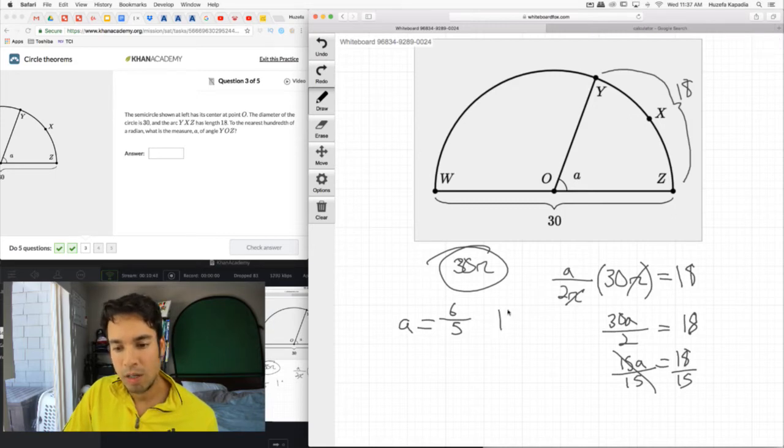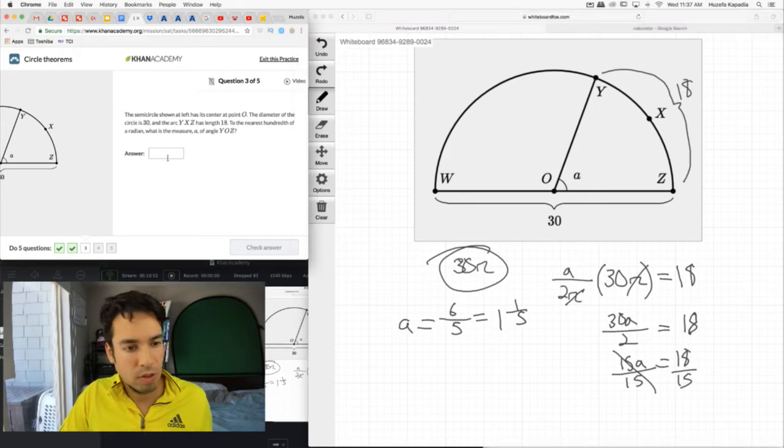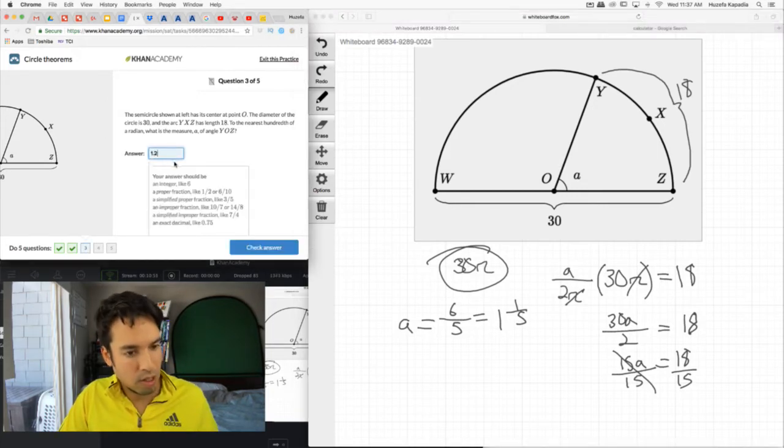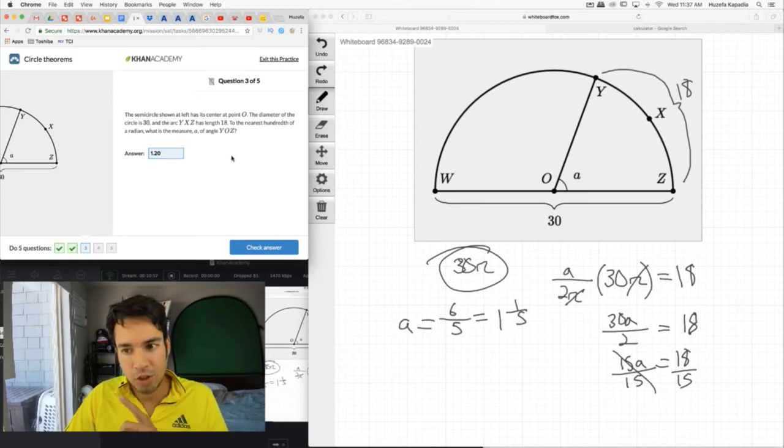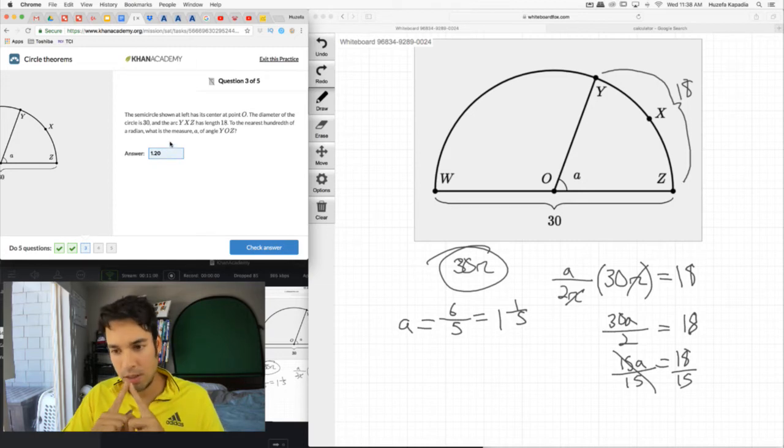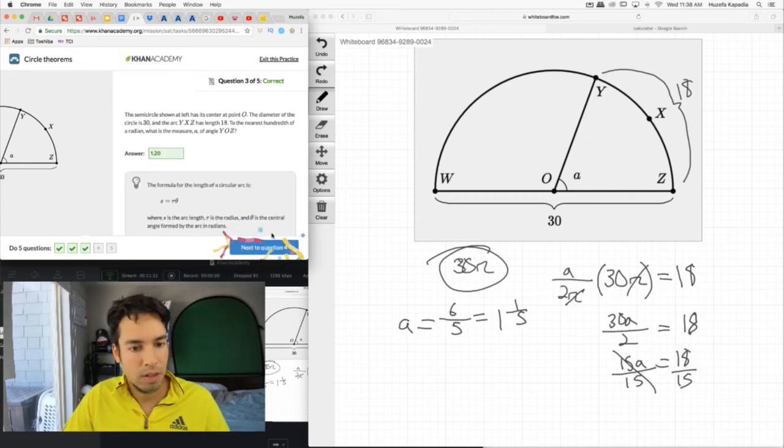So that's 1 1/5, which is actually 1.20. I think that's right. I don't know why they say the nearest hundredth. Let's make sure that's right. To the nearest hundredth of a radian, what is the measure of angle A? Should be 1.20 unless I've done something wrong. Yes, sweet.